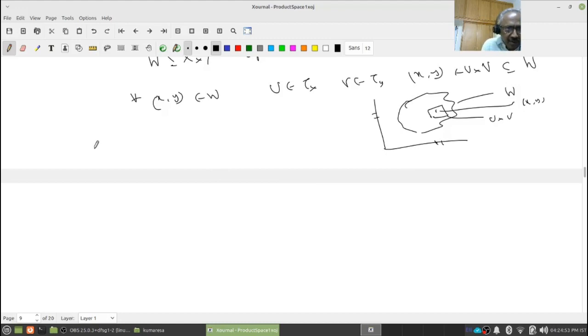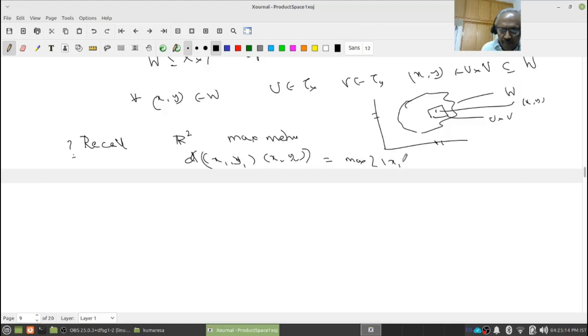So do you recall, in R2 with respect to the max metric, the distance between (x1, y1) and (x2, y2) is the maximum of |x1 minus x2| and |y1 minus y2|.